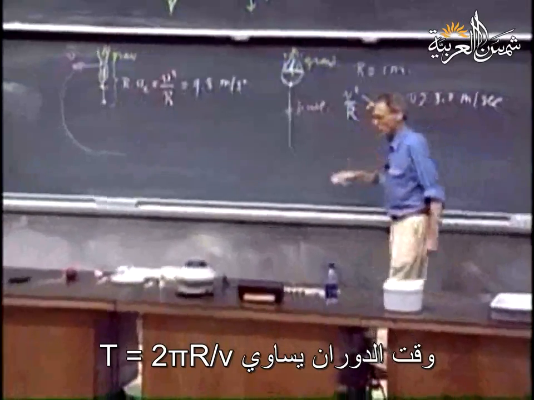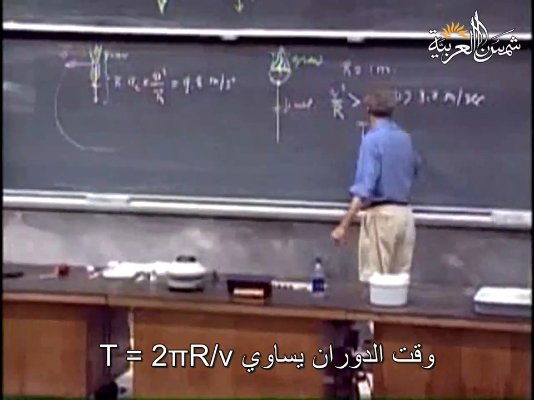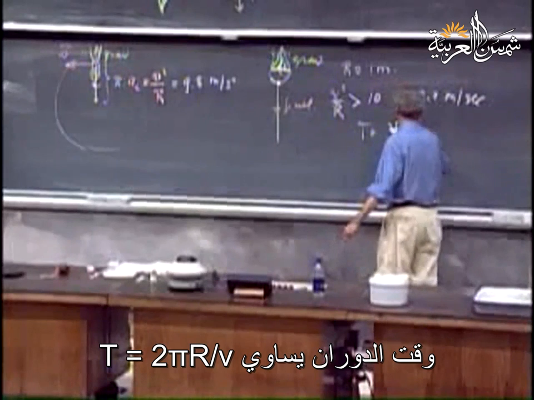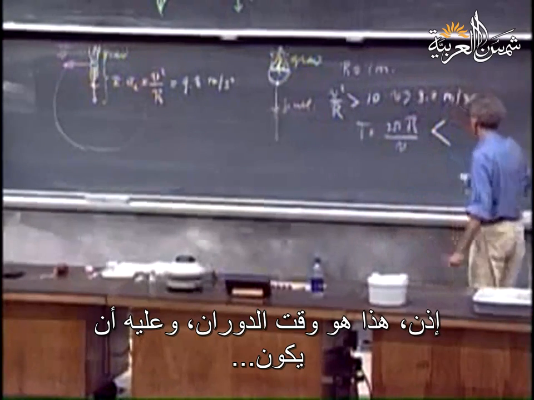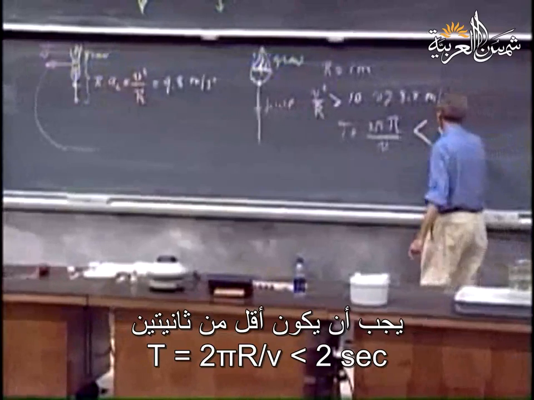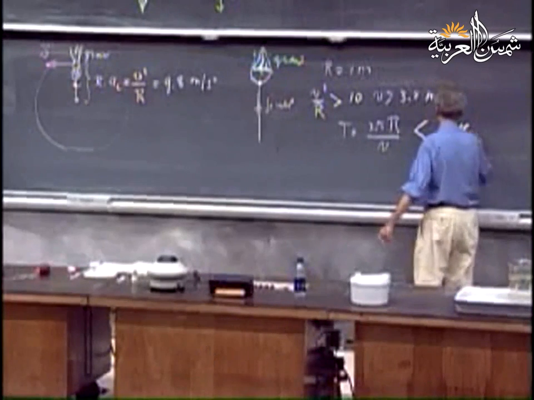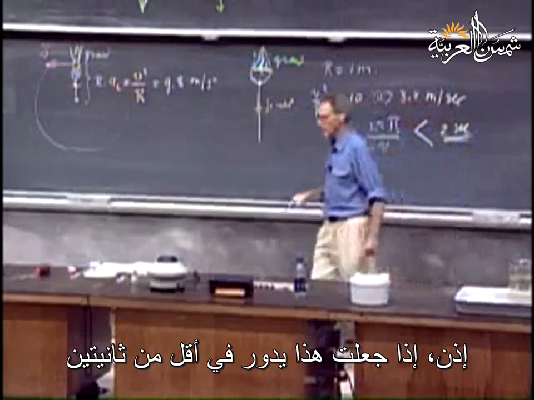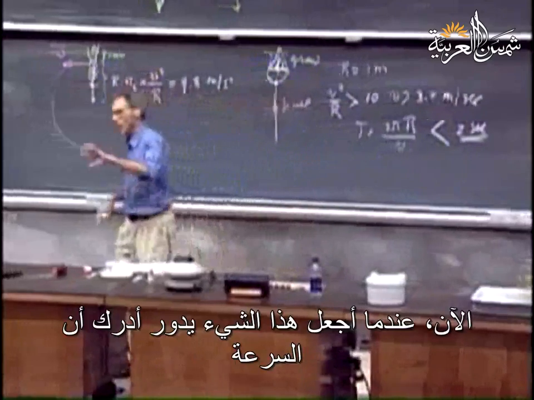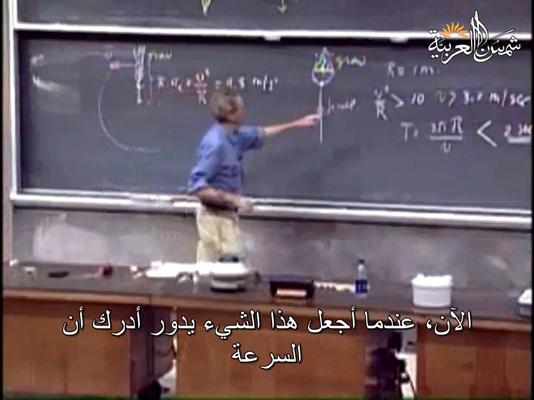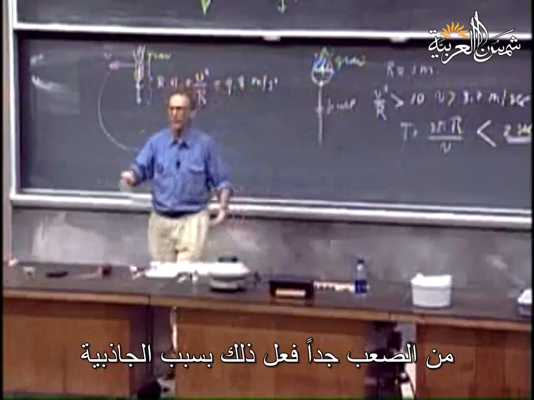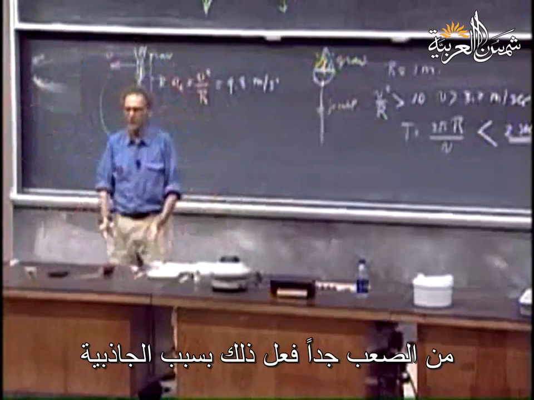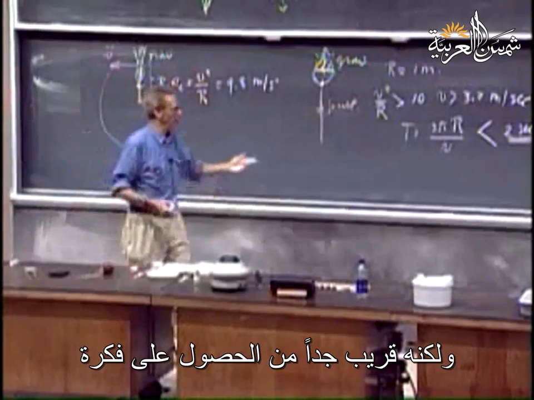The time to go around is 2 pi r divided by this velocity. So this time to go around then has to be less than 2 seconds. So if I swing this around in less than 2 seconds, I would be okay. Now I realize that the speed when I move this thing around is not constant everywhere. That's very difficult to do because of gravity, but it's close enough to get an idea.